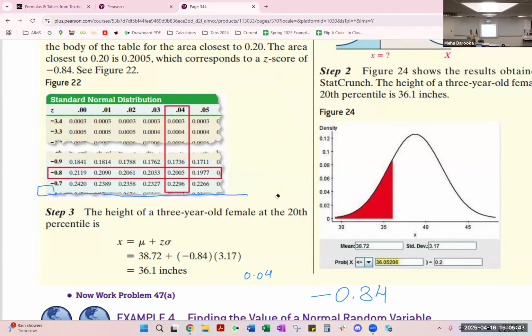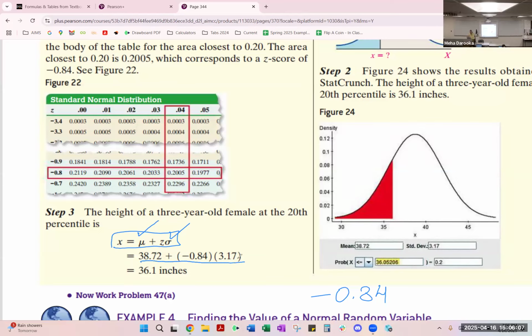So here you can see the same value, 0.2005, which corresponds to the z-score of negative 0.84. And now we use that to plug into our formula over here. They gave us the mu and the sigma, the mean and the standard deviation, in the problem itself. We just calculated our z-score.